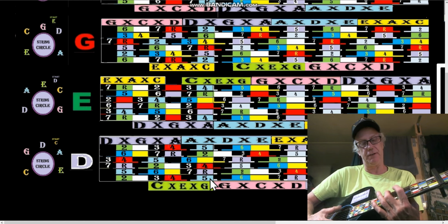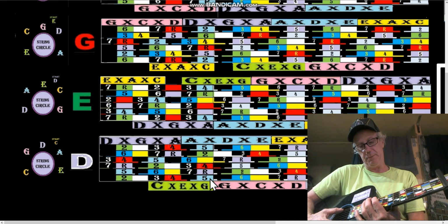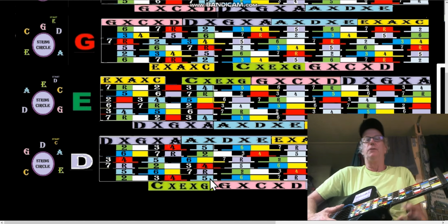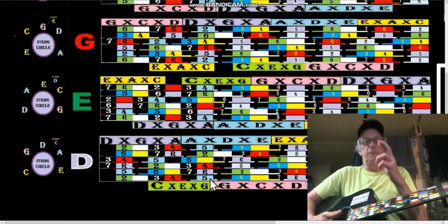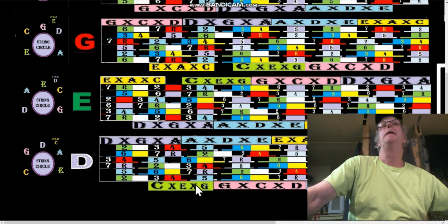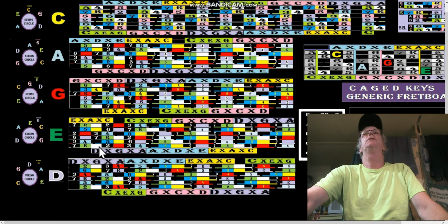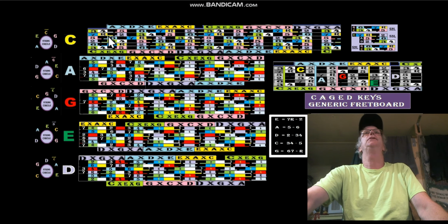G would be 6, 7 root, and E would be 7 root 2. Okay, then D would be 2, 3, 4. Again, C is 3, 4, 5. So you have the shared notes, but the half step notes are also shared in CAGED. So that's important. We must move along because we do want to get to the new stuff.